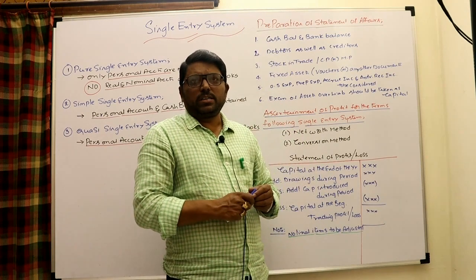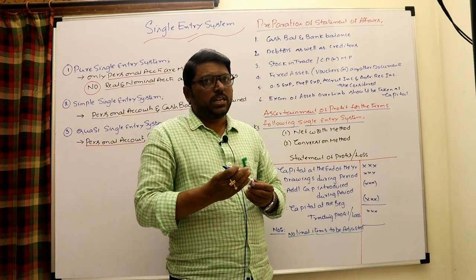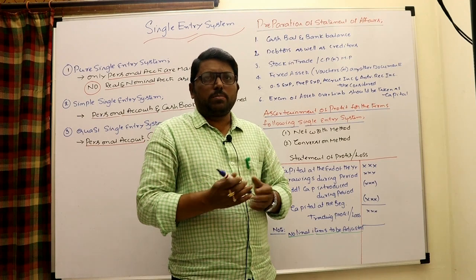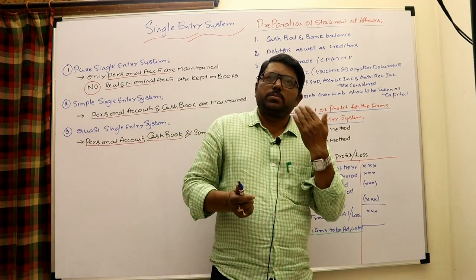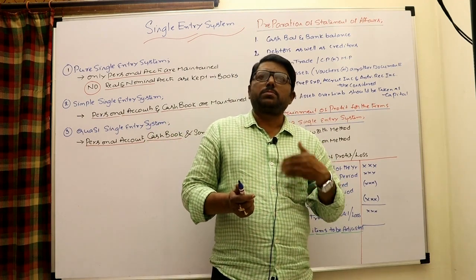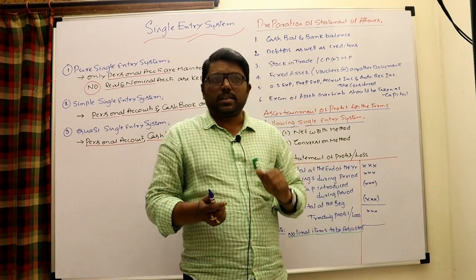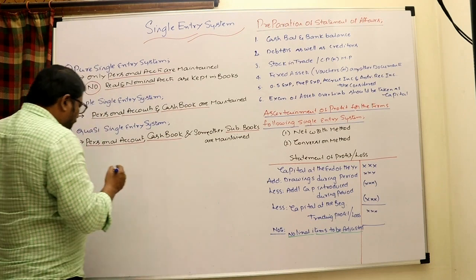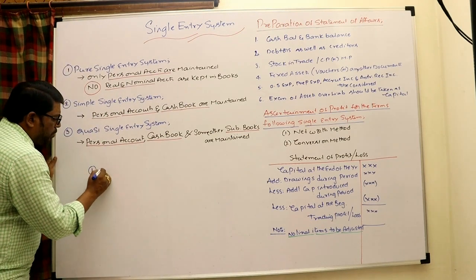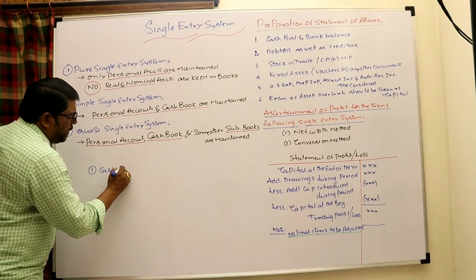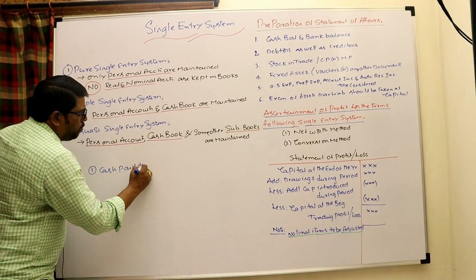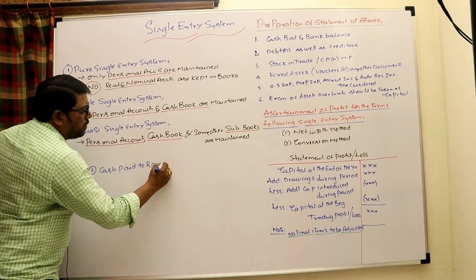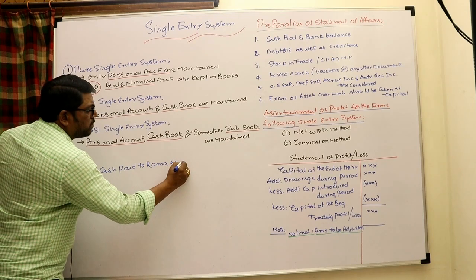Right now I explained that it is a mixture of single entry, double entry, as well as no entry. Sometimes I can record both, sometimes I can ignore both, sometimes I can write one aspect and ignore the other. So I can give an example for all three. For example, cash paid to Rama, let us say rupees 5,000.